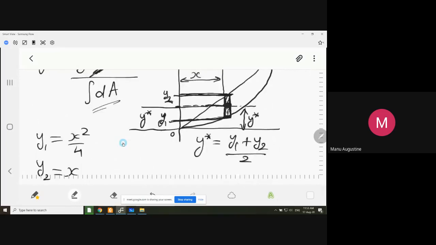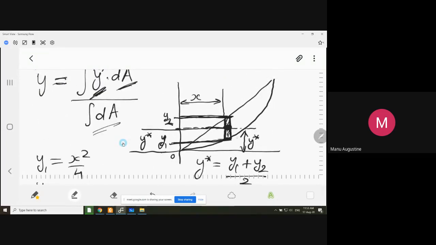We draw the figure again. This is the strip that you have taken, and y star is the location of this centroid from the x-axis. So this is y star. And we already know that the top end of this rectangle is y2, and the bottom end of the rectangle is y1.